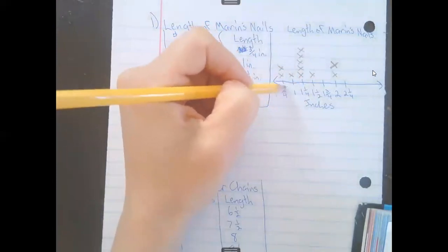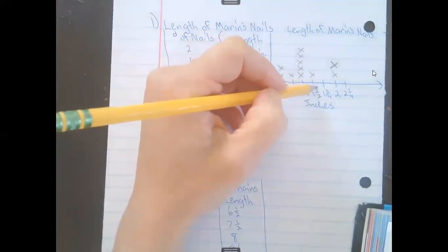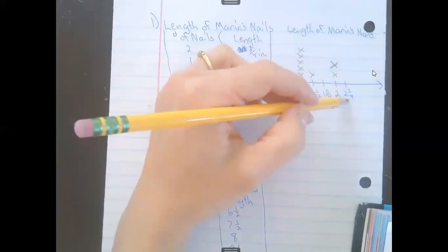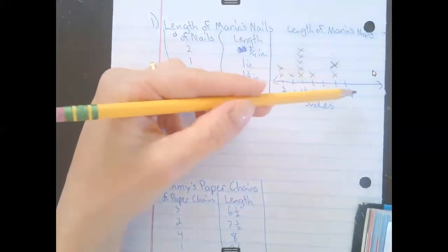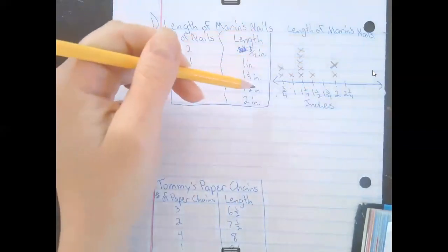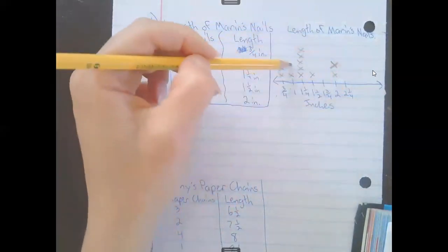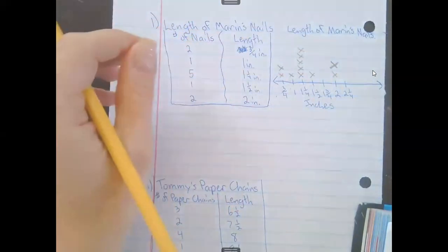So notice 3/4, 1, 1 1/4, 1 1/2, 1 3/4, 2, 2 1/4. Notice I spread them out by 1/4 increments, and that's going to be really crucial. Also, I didn't need to start at 0, and I didn't need to continue much further past the data. That'll be important when we look at the next couple of questions.